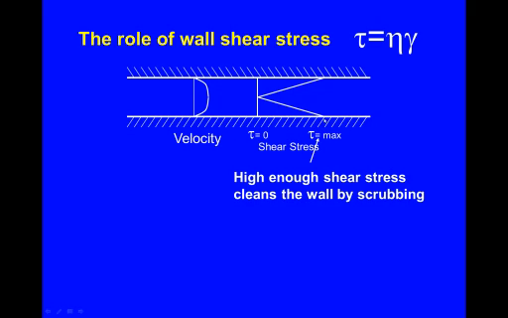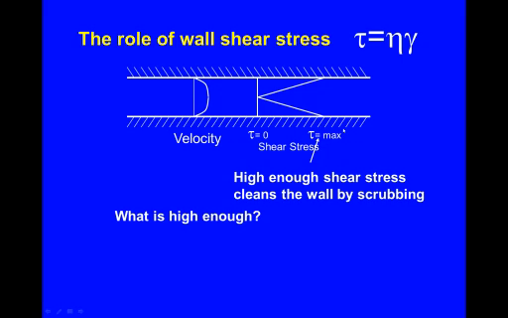It's what determines the self-cleaning characteristic of the wall, because this shear stress actually scrubs the surface. And the big question is, what's high enough to keep that surface clean in my equipment?